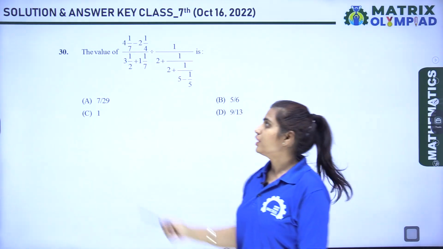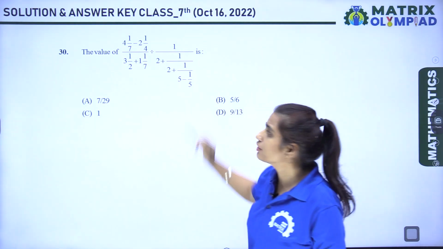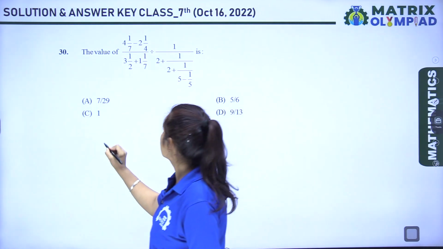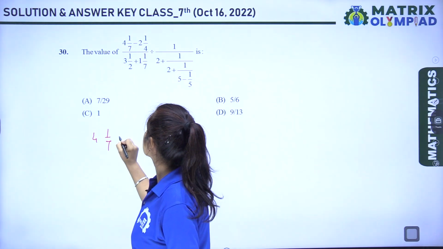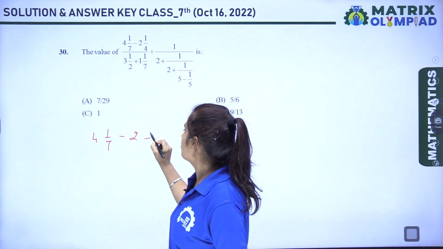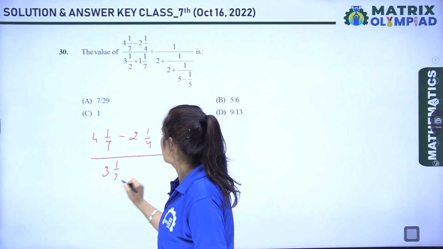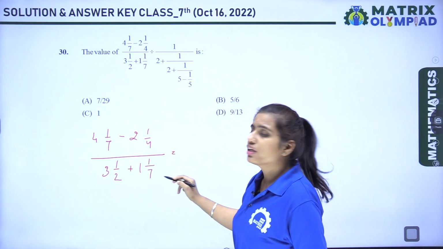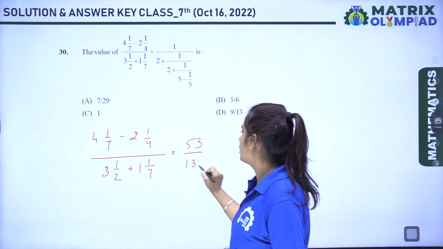Now let's move on to the next question. Here we have to solve the value of the given fraction. Now here we have to solve first the first part, that is the left hand side. 4 1 upon 7 minus 2 1 upon 4, 3 1 upon 2 plus 1 1 upon 7. This will give us a fraction, that is 53 upon 130.